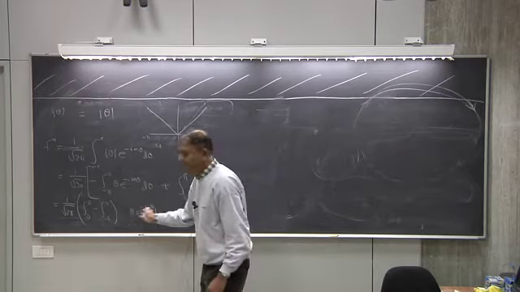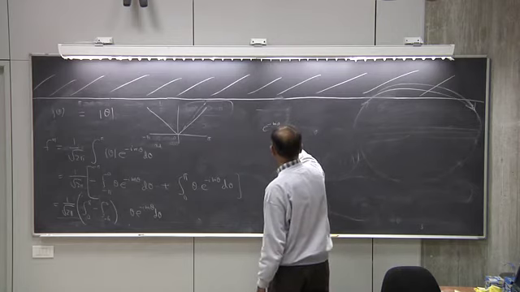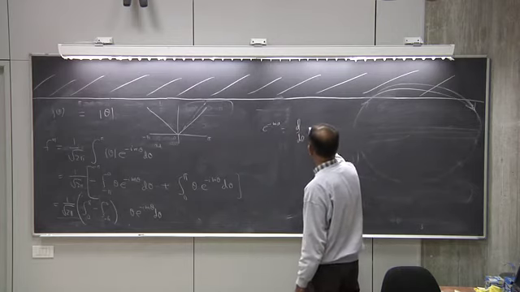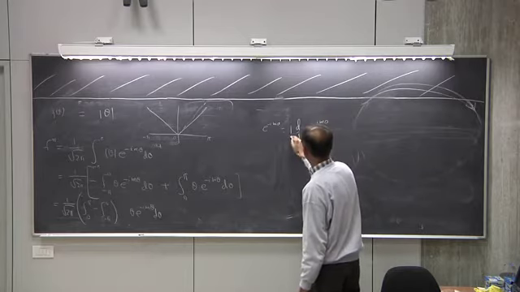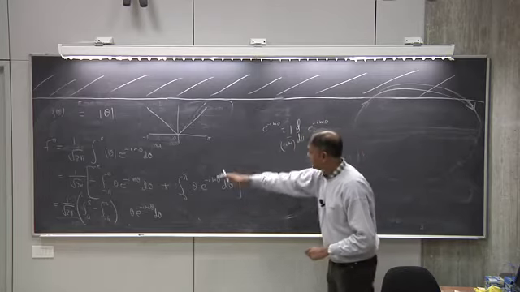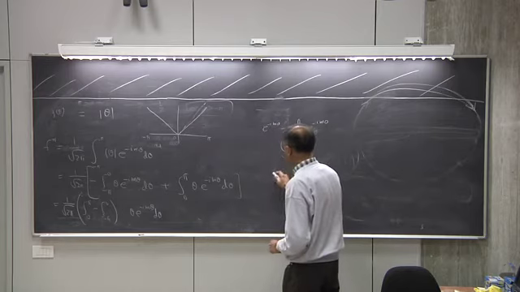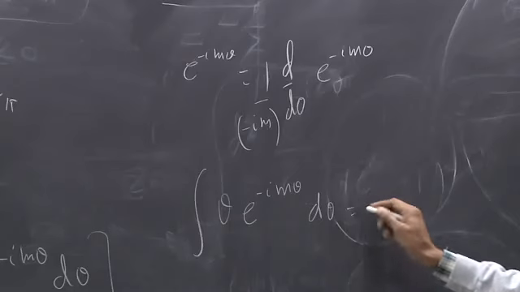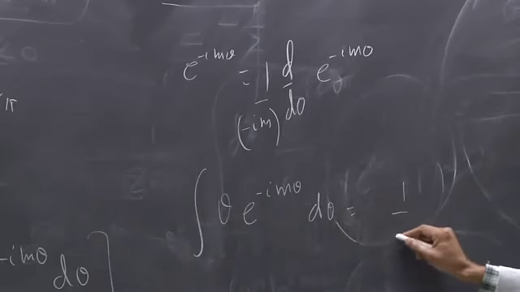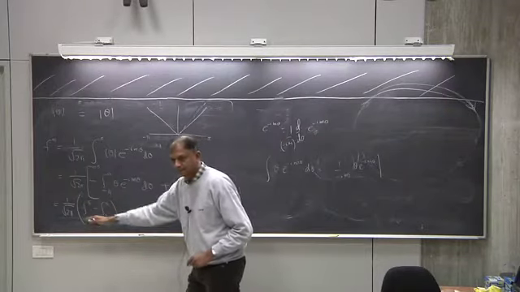Again, integration by parts, nothing more. So write e to the minus i m theta as d by d theta of e to the minus i m theta divided by minus i m, right? And then do an integration by parts. So the first term, theta e to the minus i m theta integrated d theta, will give me a boundary term, which will be 1 over minus i m, theta e to the minus i m theta, evaluated at whatever the boundary points are.